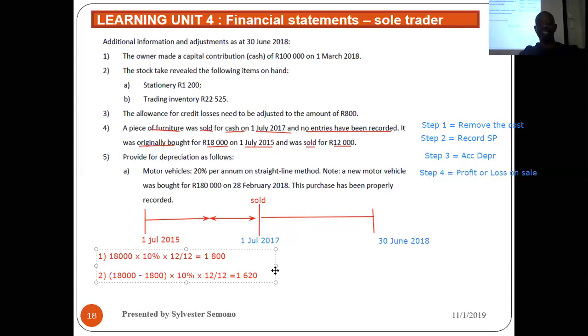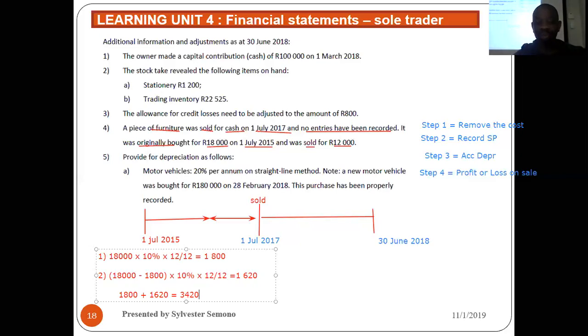No, you can't do it in one go, because the first year, remember, we didn't minus 1,800. So you have to do it one by one so that we only minus 1,800 in year 2. And then we say 1,800, the one that we found for year 1, plus 1,620 is 3,420. So 3,420 is the accumulated depreciation for the 2 years.